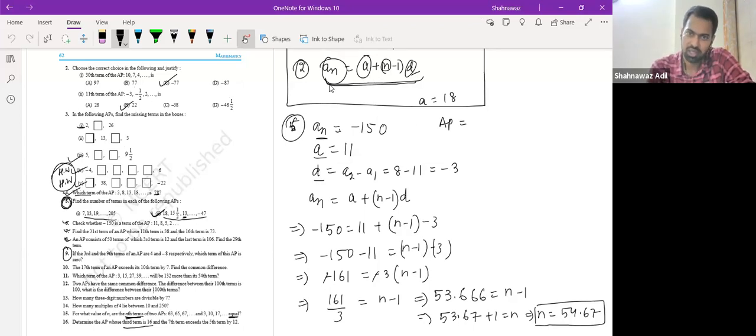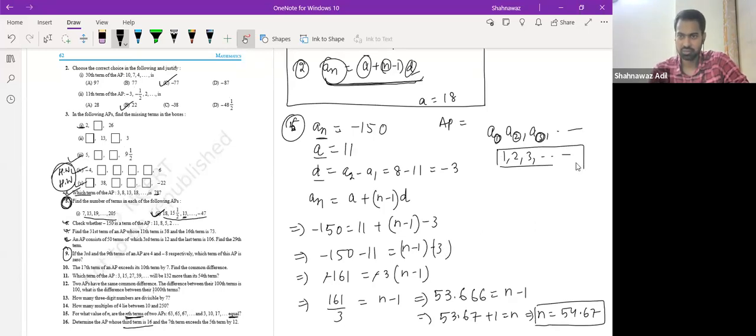In the arithmetic progression, we have only the first term, second term, third term, so these are only natural numbers: 1, 2, 3, and so on. Right, guys? So this can't be negative, this can't be zero, this can't be a fraction, only natural numbers.